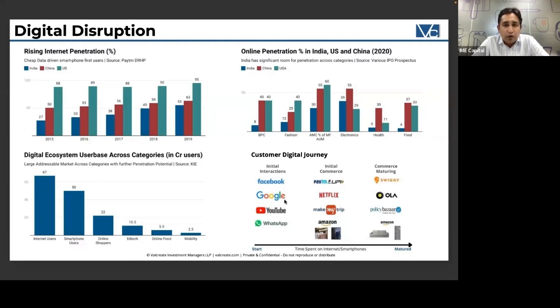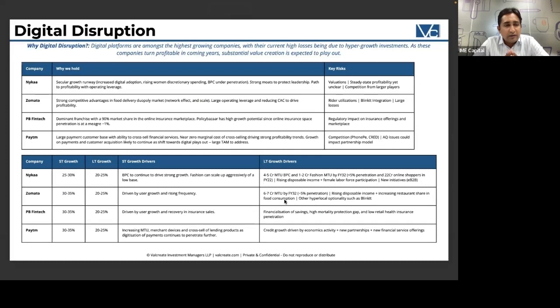And we've done a lot of work in understanding how long-term profitability is likely to emerge at very attractive levels. A combination of strong growth and a shift towards profitability is likely to lead to very attractive value creation in this space. And in this space, we hold companies like Nykaa, Zomato, Policy Bazaar, and Paytm.